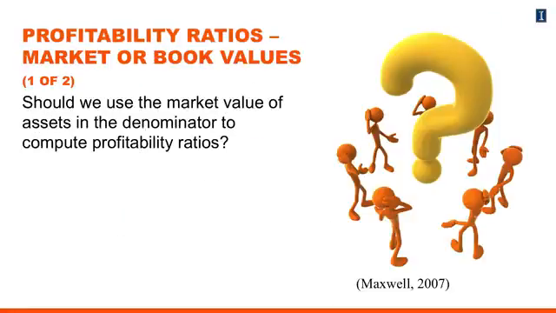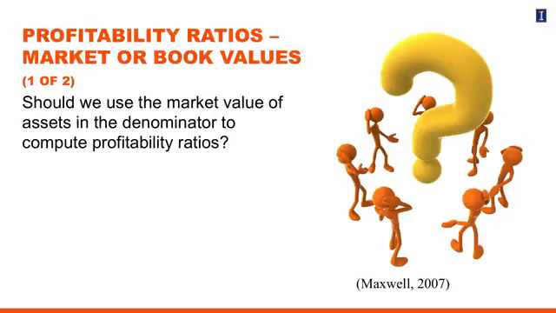And here comes a question for you. Right? We talked about using the market value of assets and the market value of equity to compute leverage ratios, right? We just did leverage ratios, and there, if you want to figure out how solvent a company is, we have to use the market values, okay? Now we are computing profitability ratios, right?